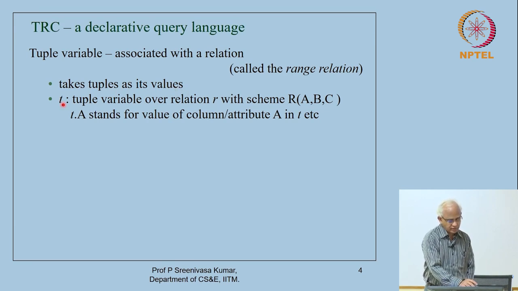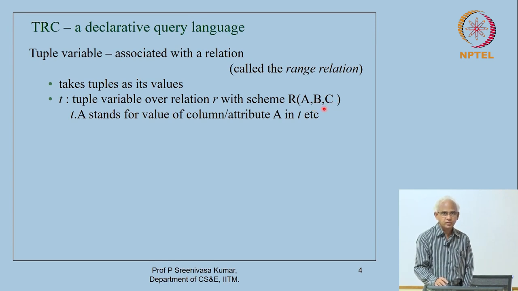If T is a tuple variable ranging over a relation R with some scheme ABC, then in order to talk about those individual values, we will use our familiar dot notation, and T dot A stands for the value of the attribute A in the tuple T. So a tuple has components: T dot A stands for the first value, T dot B stands for the second value, T dot C stands for the third value.